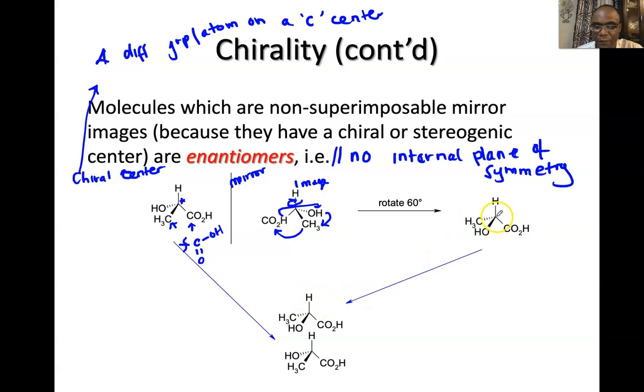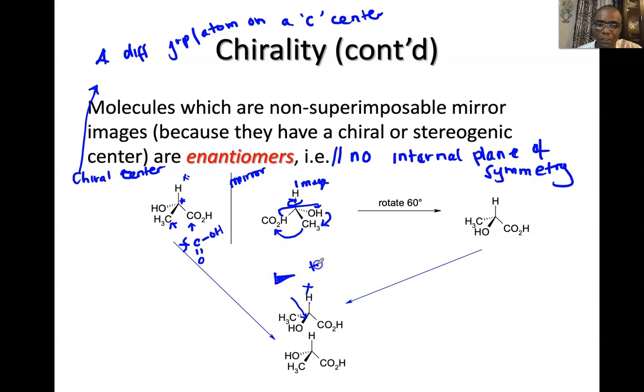Okay. And so now compare this to that. The only difference you have between this molecule and this molecule is the orientation of OH and CH3. Here OH is towards you. Remember what we said in, I think, chapter 1.